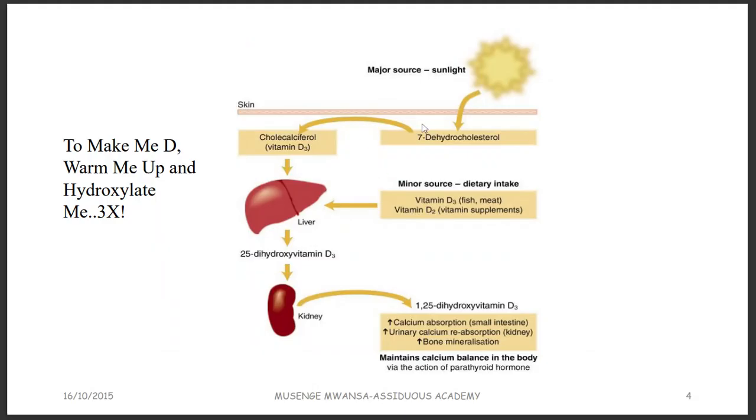So you can see again here, that's why it is recommended that we should at least spend some time in the sun, because from the rays of the sun there's a production of 7-dehydrocholesterol in the skin, and then this 7-dehydrocholesterol is going to be converted to cholecalciferol, which is vitamin D3.